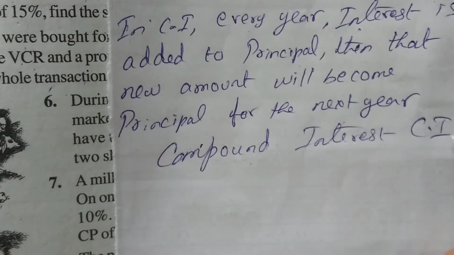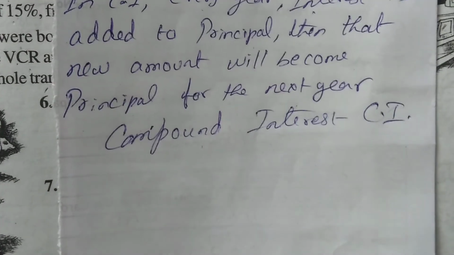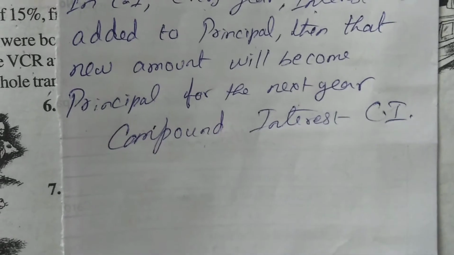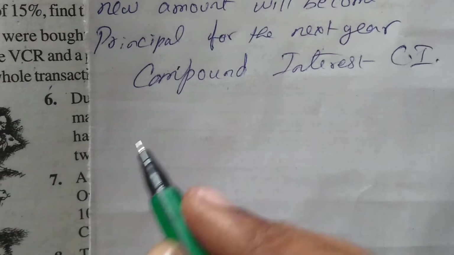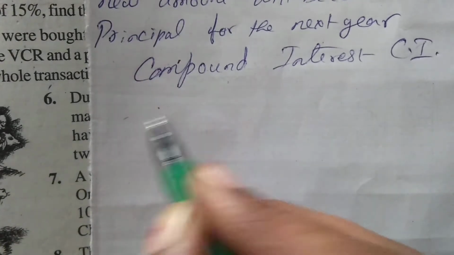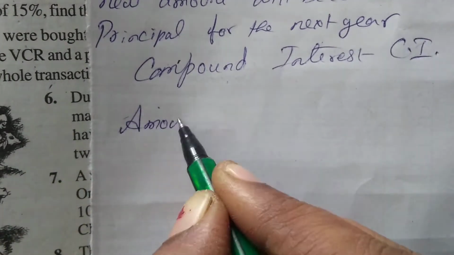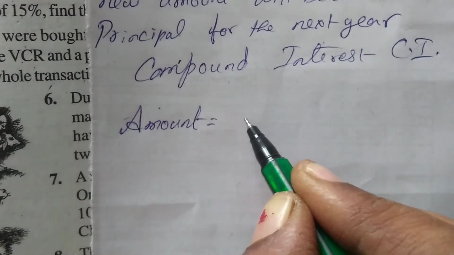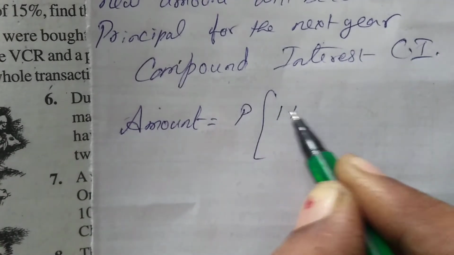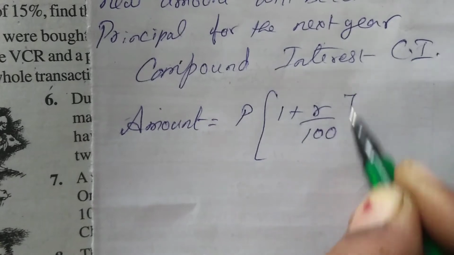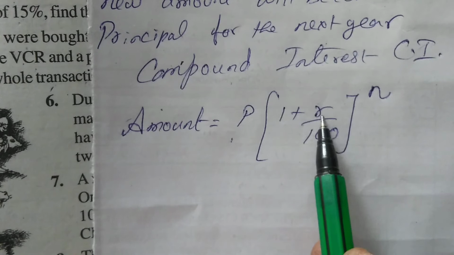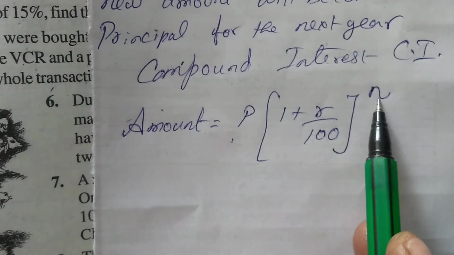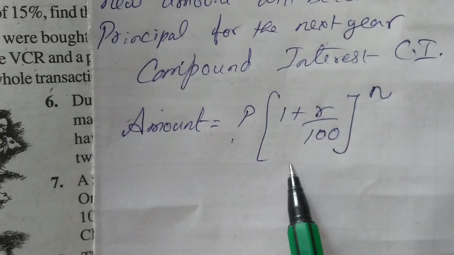For this compound interest, for now there is no derivation of the formula. I am just going to give you the formula. The formula to find the compound interest, we start with the amount. Amount formula is P into 1 plus R by 100 to the power of N, where P is principal, R is rate of interest, N is number of time periods. So using this amount, we can find the interest.